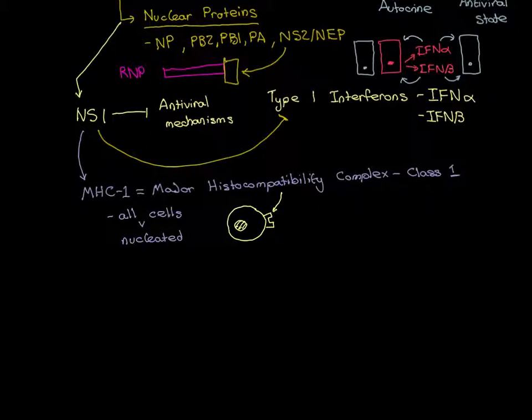So this is a major antiviral protein, and therefore one of the things that influenza virus likes to do with its non-structural protein 1 is make this protein's level go down in the infected cell, so it stops the infected cell from producing MHC class 1, and therefore aims to stop the adaptive immune response from being able to kill the infected cell.